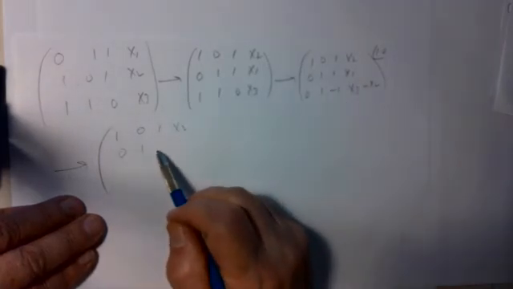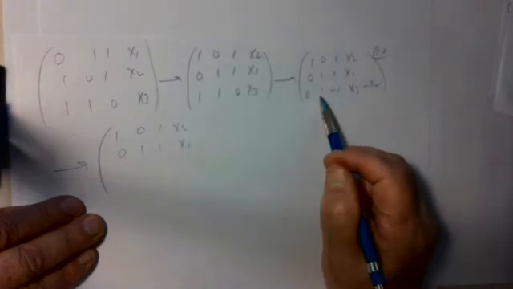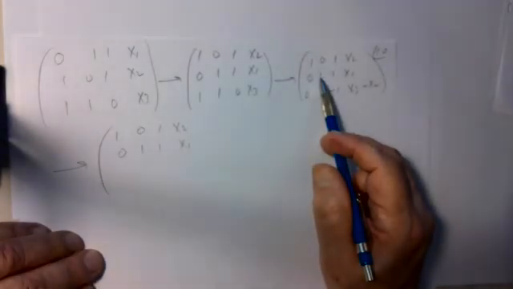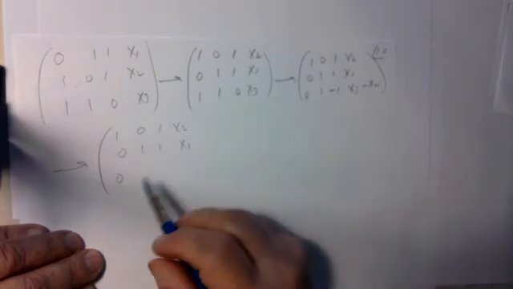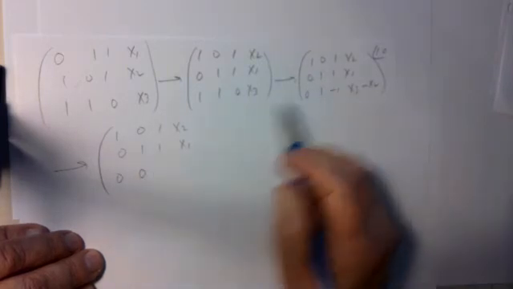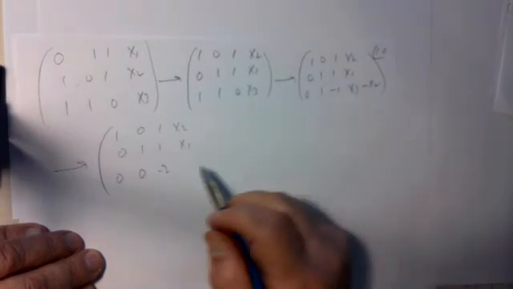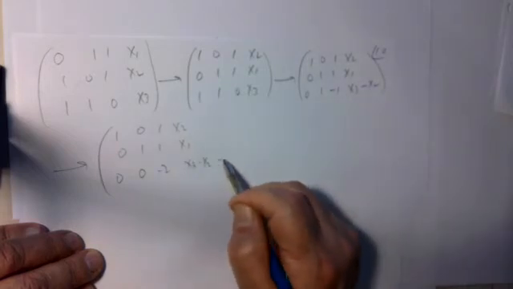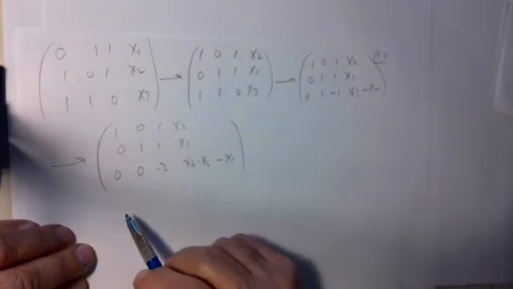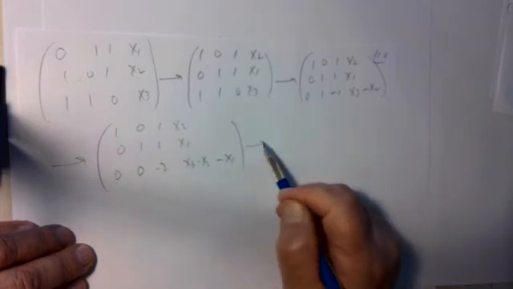My second row looks good at the moment. But I want to get a 0 here, so I subtract row 2 from row 3. So 0 minus 0, 1 minus 1 is 0. Minus 1 is minus 2. x3 minus x2 minus x1. And then I want a 1 here.